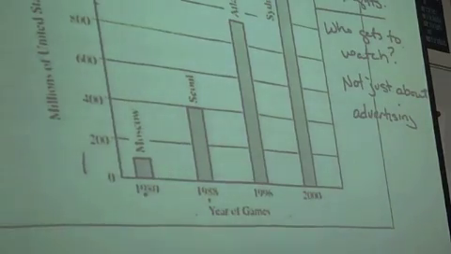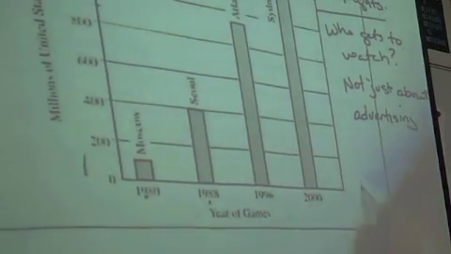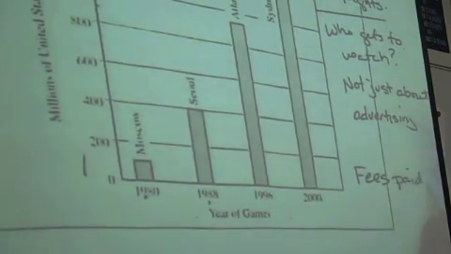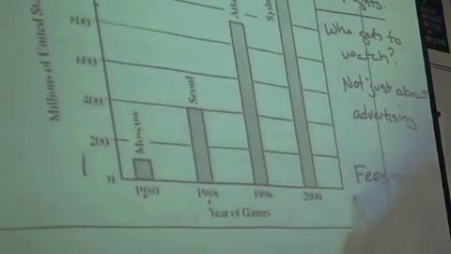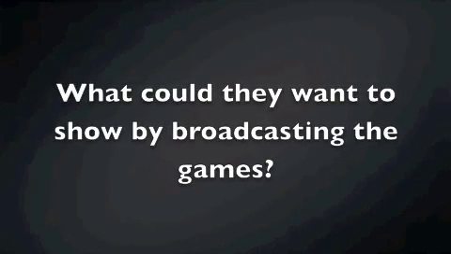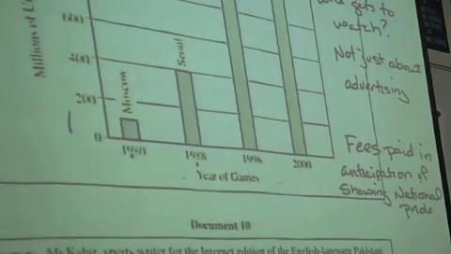Let's just assume that. I want you to know that this is fees paid in anticipation of showing what? Absolutely, it's their national pride. It's the fees paid in anticipation.